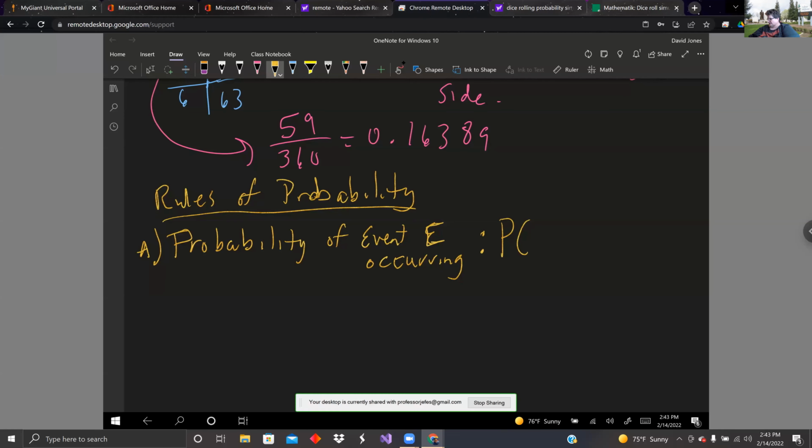That should look like a better E. Let's make it a regular E like that. P on the outside represents probability, and the letter we put on the inside represents the event. For the probability of event E, it's always 0 less than or equal to P(E), and it's always less than or equal to 1.